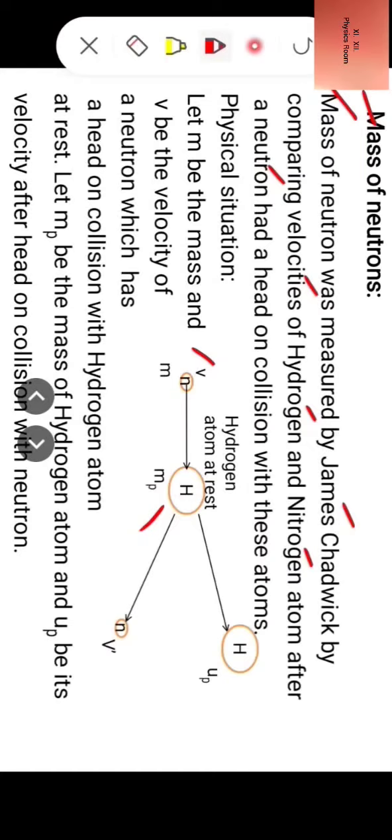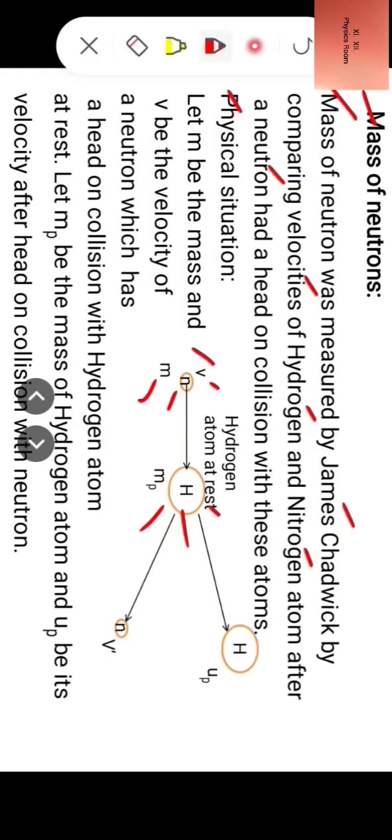Now let us see how it was done. Physical situation: let m be the mass and v be the velocity of a neutron which has a head-on collision with a hydrogen atom at rest. This is the hydrogen atom at rest. This is the neutron which had a head-on collision with the hydrogen atom at rest.